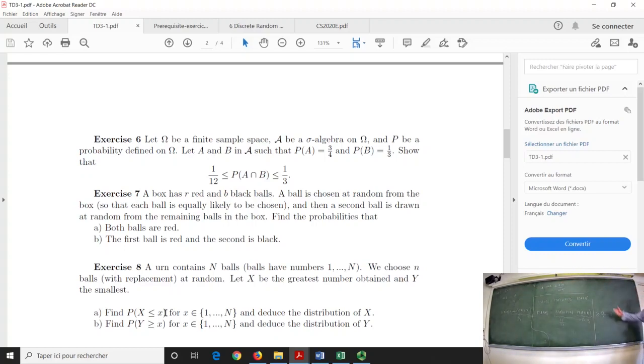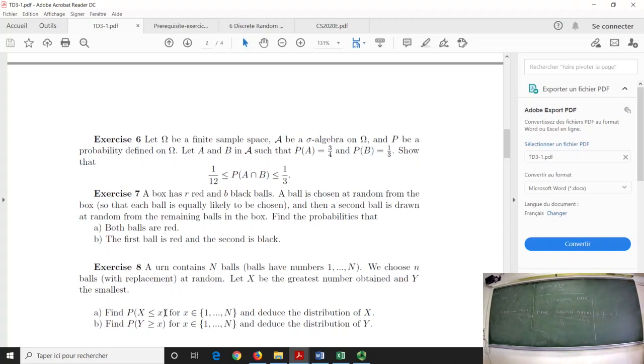I have given you this way to do it, but you can do it using the idea of your friend here, and it gives rise exactly to the same thing. And it's natural because this relation is the relation I have used in the course in order to prove this one.